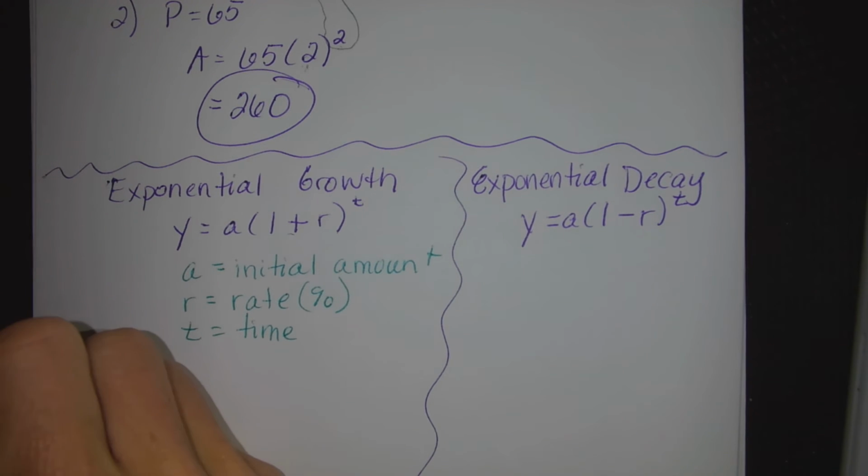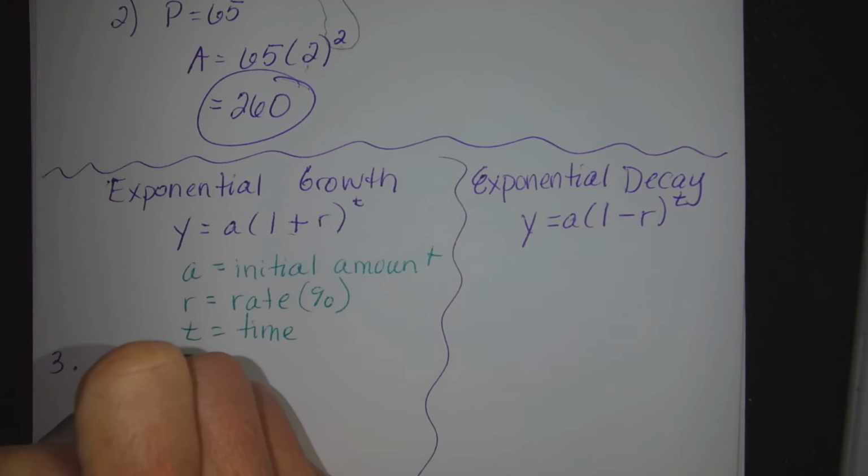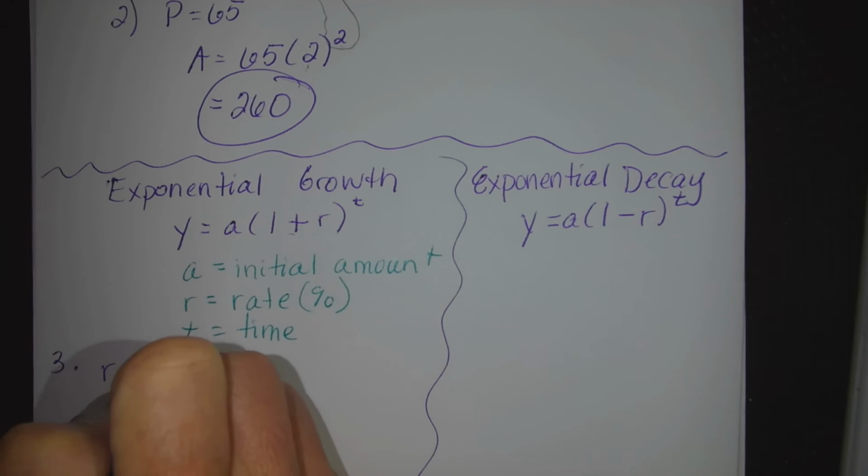Number 3 reads, more and more people are purchasing food from farmers markets. As a consequence, a market researcher predicts that the number of farmers markets will increase. That's common sense, right? More people are shopping at them, the more markets there are going to be. They're increasing by 5%. Guys, percent as a decimal, what is your rate? 0.05.